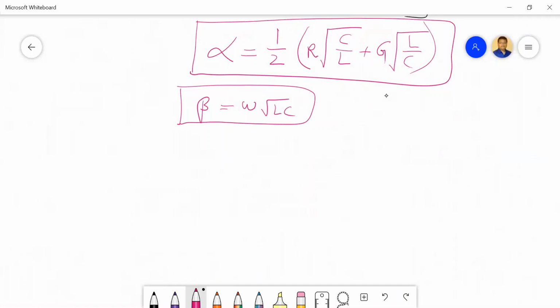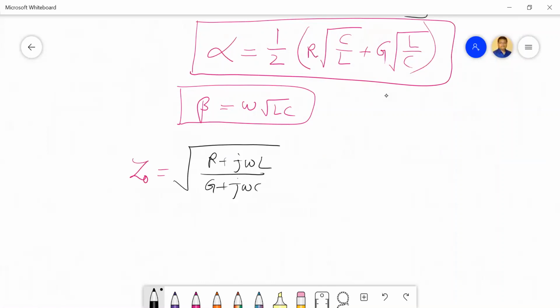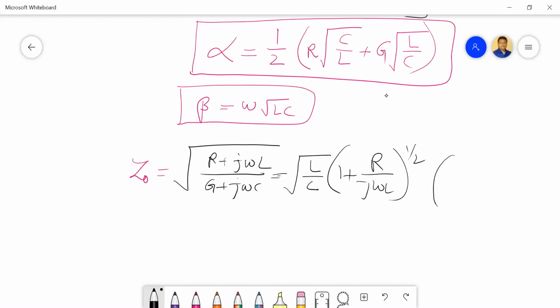Can you find Z naught the same way? For Z naught you need to do the same series expansion. So you need to play with (R plus j omega L) divided by (G plus j omega C). If you do so, you can write under root L by C times (1 plus R over j omega L) to the power half and (1 plus G over j omega C) to the power half.